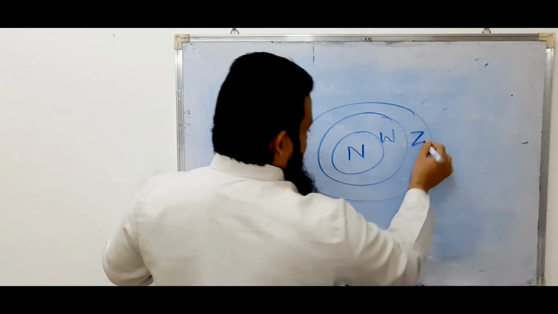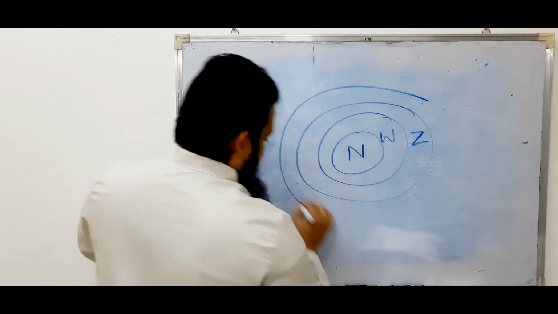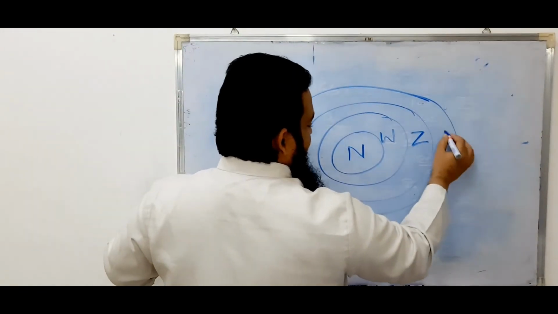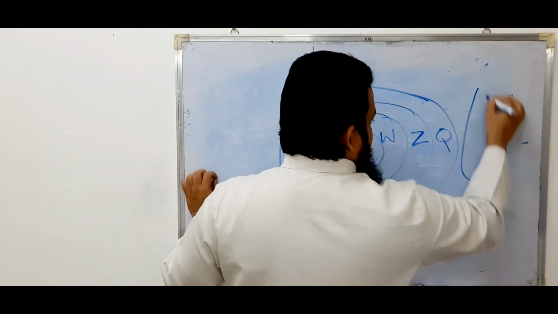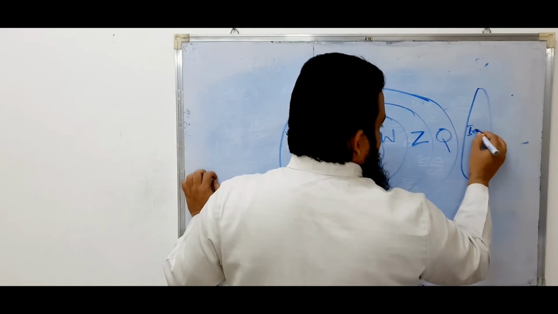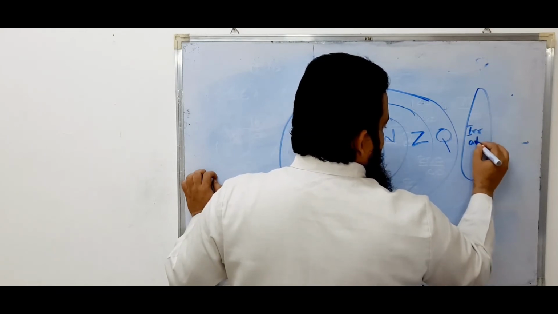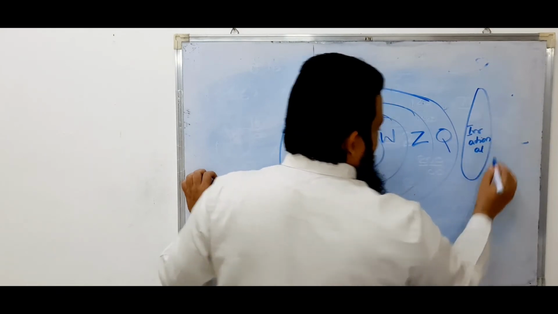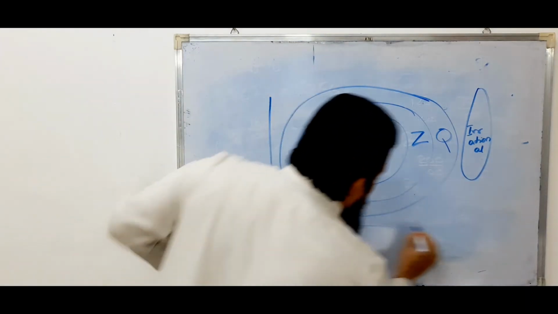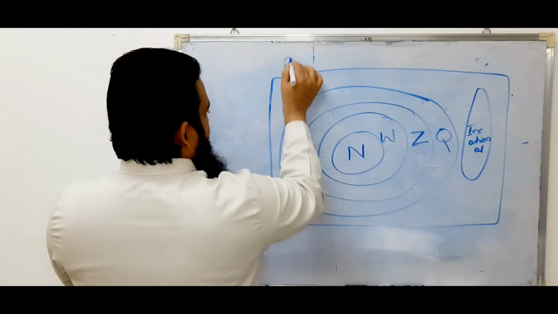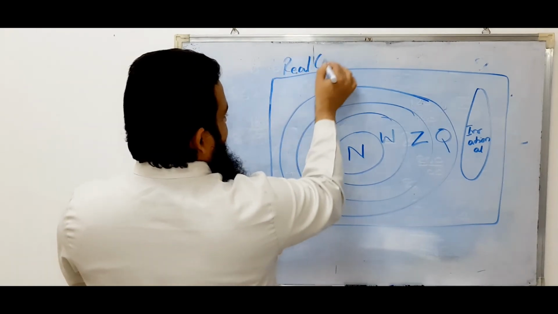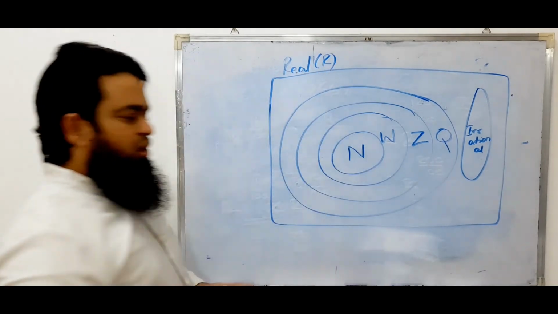Next, integers. And after that, we have rational numbers and irrational numbers. And all of them belong to real numbers. Okay, this is the chronology of the number system.